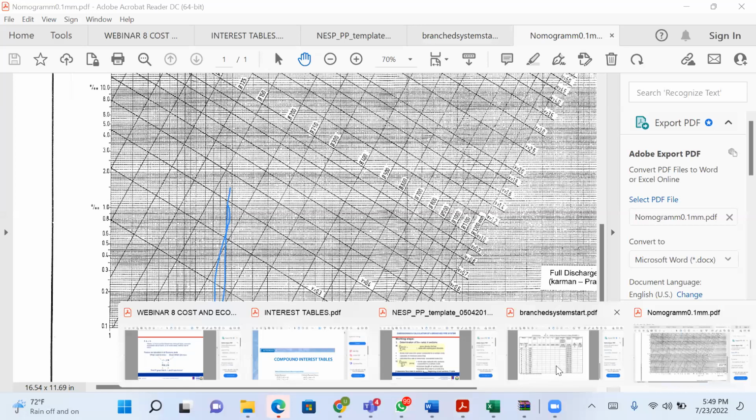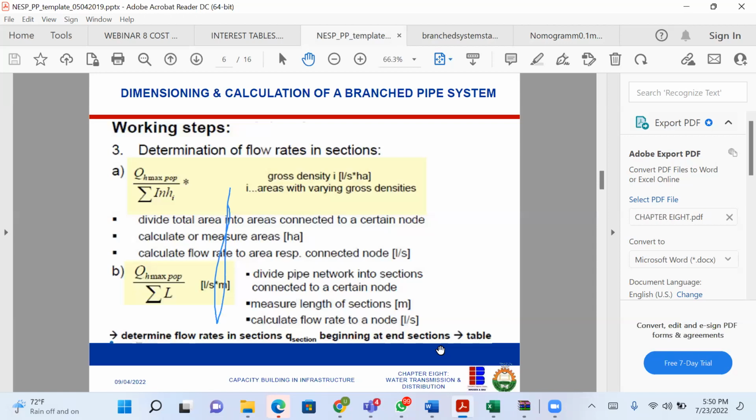So now, all of us have seen how I determine the flow rate in each section, right? There are different ways to do it. This one says divide total areas into areas connected to a certain node, calculate or measure areas, and calculate flow rates for the areas connected to each node. We did it this way because there are houses. If there are no houses, if it's a virgin layout, you use area measurement in hectares.